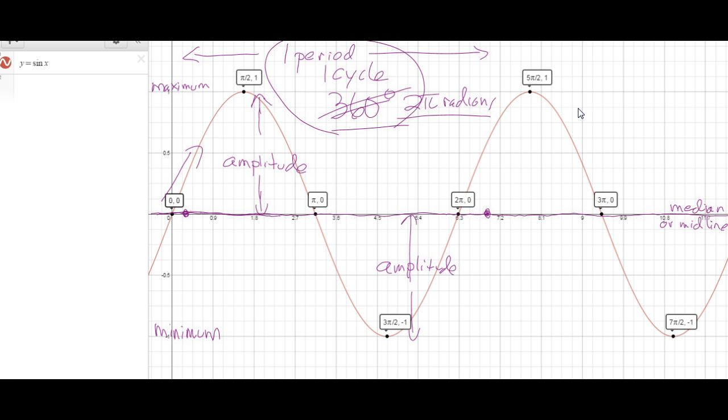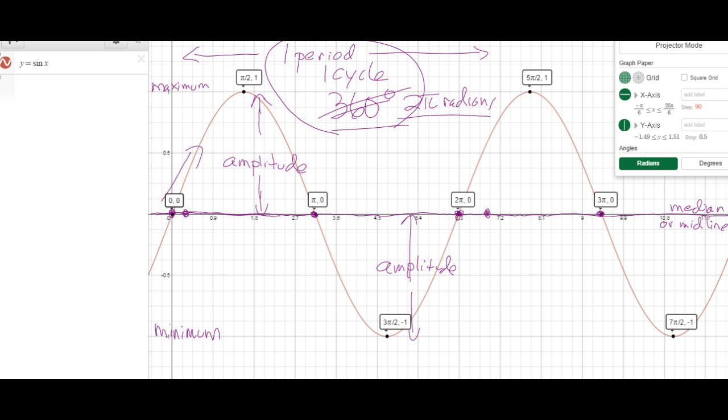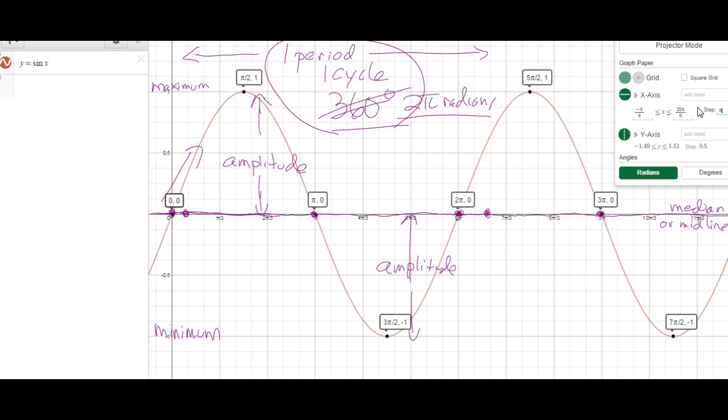What's next? Oh, x-intercept. Where do you cross the x-axis, right? So it's 0 at pi, at 2 pi, at 3 pi, at 4 pi, if we could see it. It's not quite there. Actually, I could change that. Hang on. Let's change the scale. So the step there, instead of 90, I don't want 90. I want pi divided by 2.